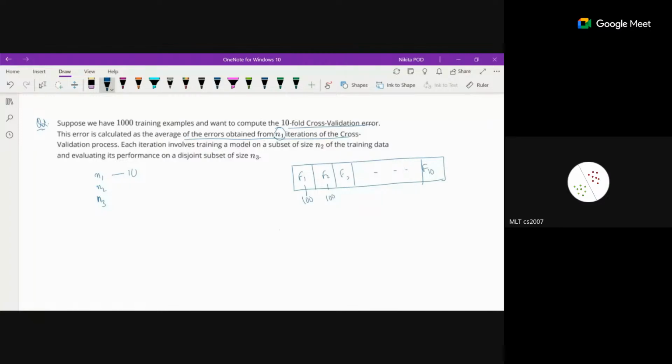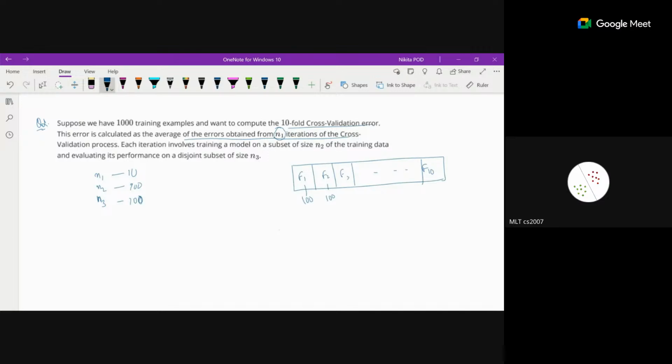Now, each iteration involves training a model on a subset of size N2 of the training data. So what is this N2? 900. Correct, because 10 minus 1 folds you will use for training, and whatever is remaining you will use for validation.